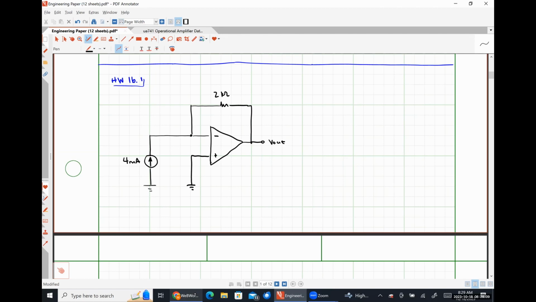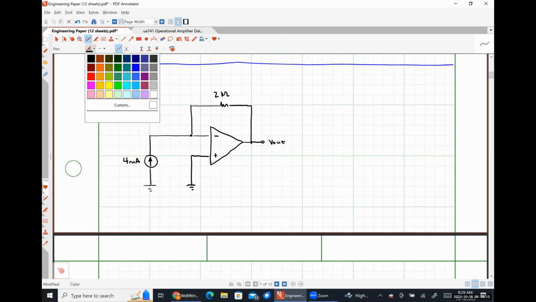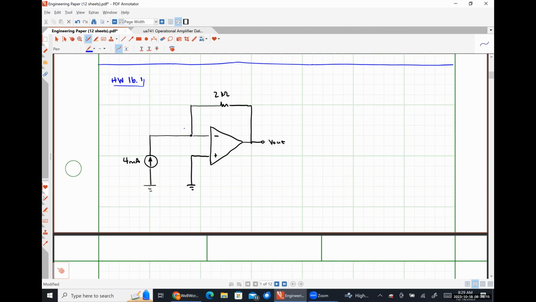So a couple of things here. I'm going to identify some nodes. Sorry, this should be a V minus because it's here. So this voltage V minus that I've drawn here is the voltage present at the inverting input terminal measured with respect to ground.